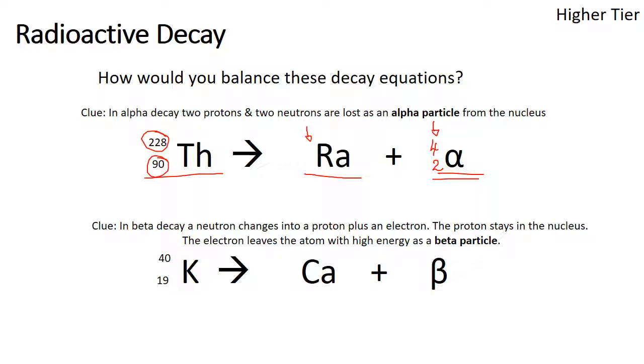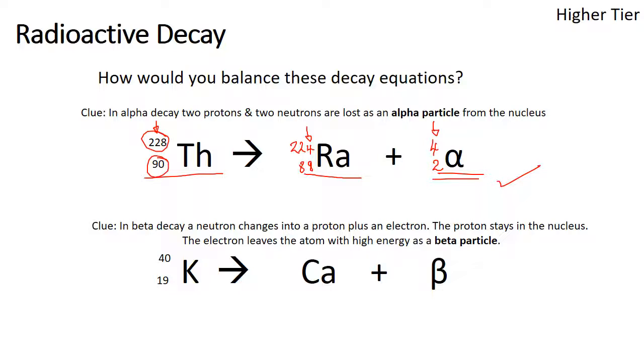By knowing these two numbers, we can work out the rest, because this original element is the only thing that's being broken down to release this alpha. So all we need to do is 90 minus 2 for the number of protons, and we're going to get 88 protons. For the mass number, we do 228 minus 4, so we get 224, and that's the balanced equation.